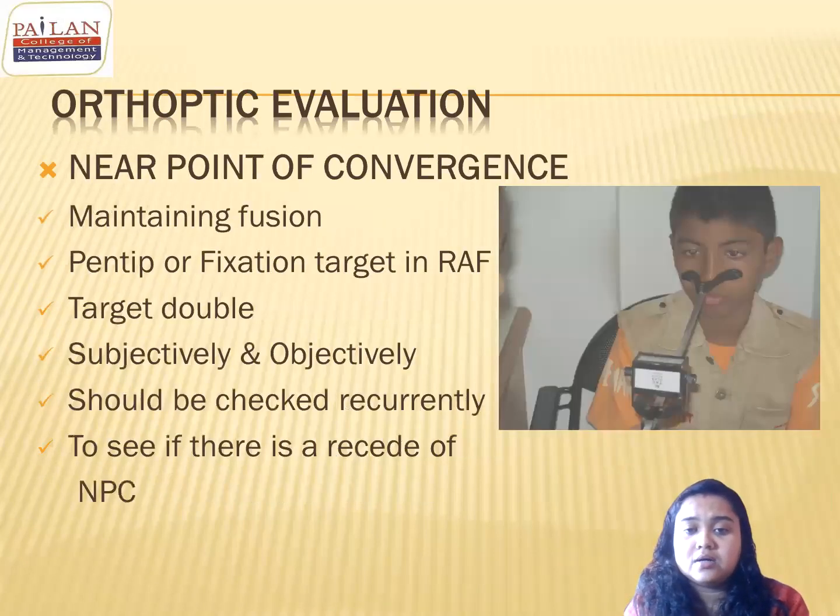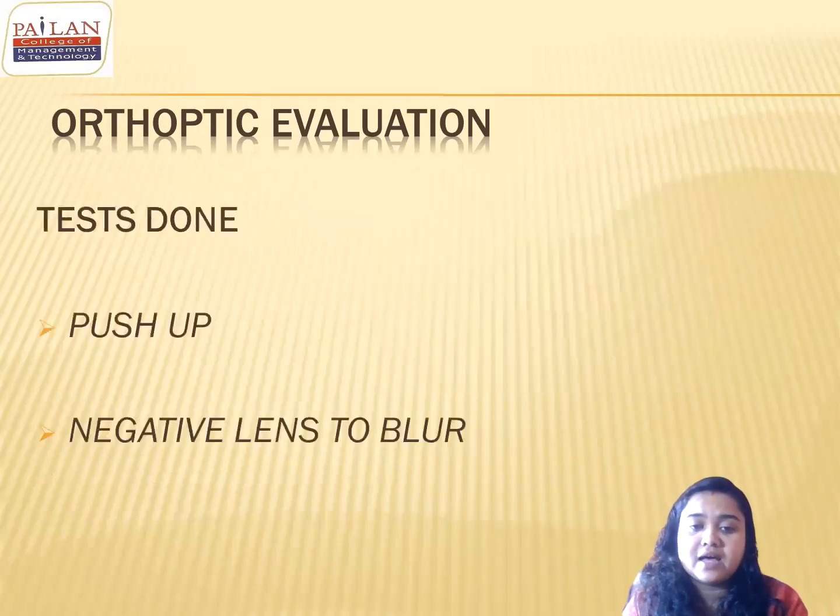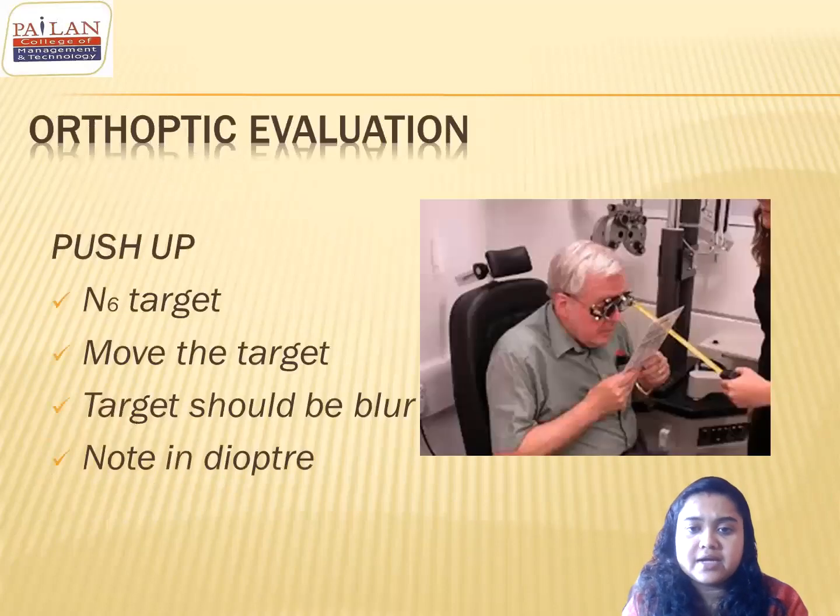So NRA, PRA, amplitude of accommodation, and the MEM retinoscopy, all these things we correlate with each other to find out whether there is any accommodative anomaly, right?